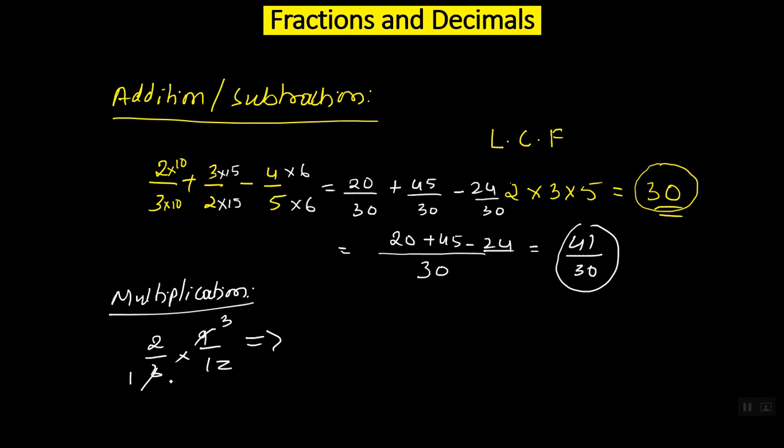So I can further simplify: 3 times 1 is 3, and 3 times 3 is 9, as in the 3 times table. So I can reduce the 3 and 9 to 1 and 3.